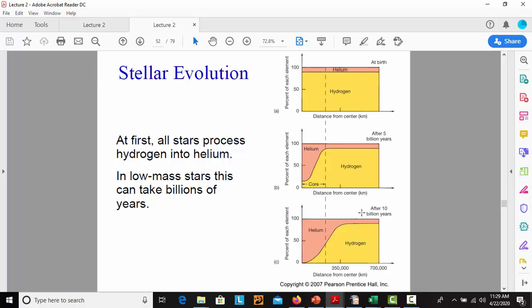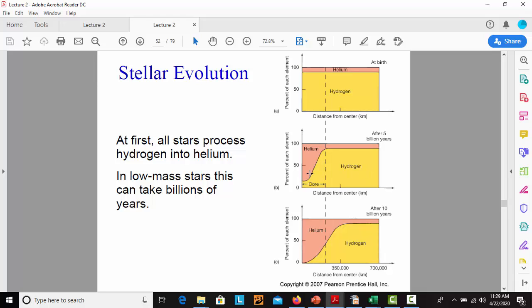At first, all stars process hydrogen into helium. At birth, they're mostly hydrogen and a little bit of helium. Then as time goes on, the core is hotter and fusing hydrogen into helium.